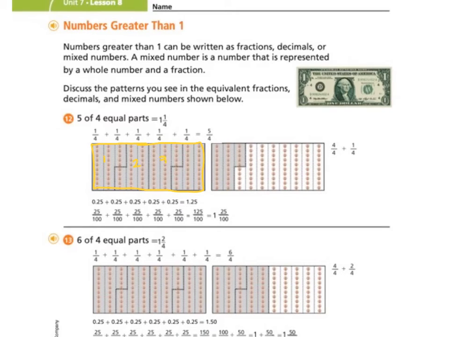So I have 1, 2, 3, 4, think quarters here. So they're saying, oh, I have 4/4, or I have 100 100ths, or I have 10 tenths, all equal, plus an extra 25 here. So I have 1 whole and 25 over 100.